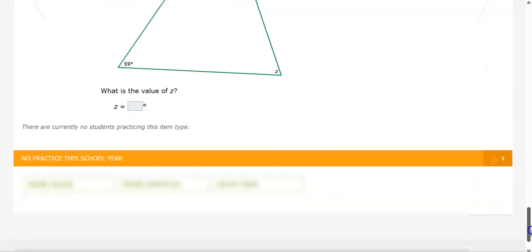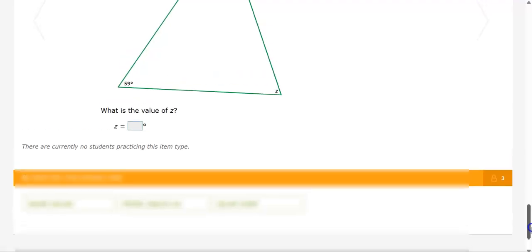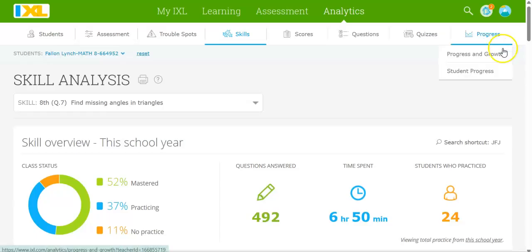If you scroll all the way to the bottom, you'll see the students who have not practiced that skill just yet. So with skill analysis, you are able to dive deeper into that skill and see where your students fall when it comes to practicing that skill.